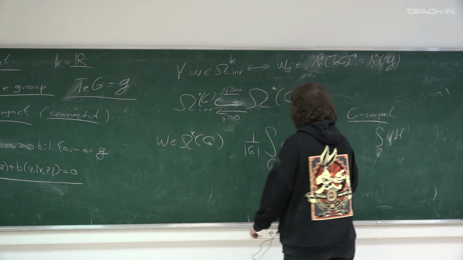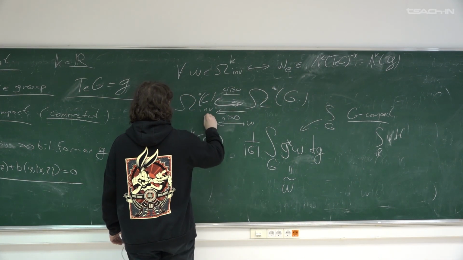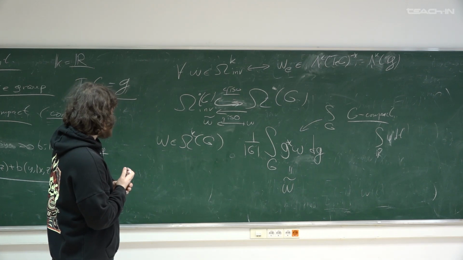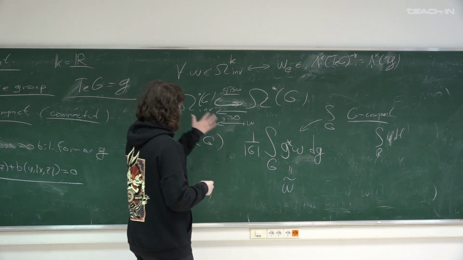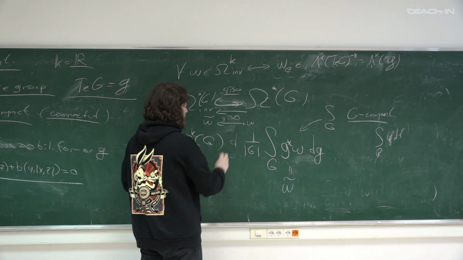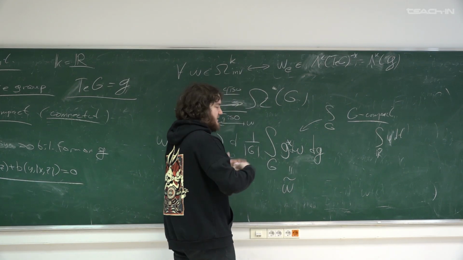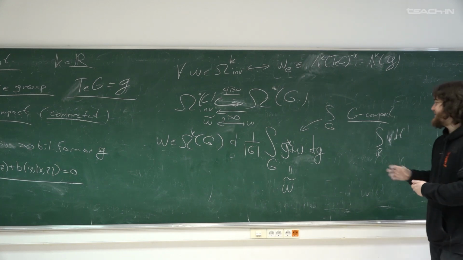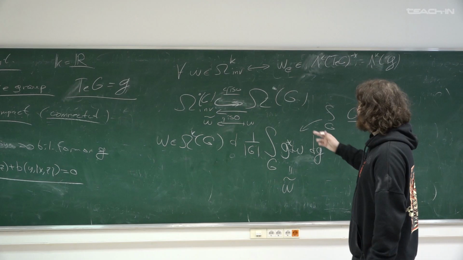This is my map from omega to omega tilde, the map in the other direction. Obviously, it's a cochain map because the differential does not depend on this integration. The differential is just about evaluation of my form on vector fields, and it does not depend on integration over translations. So it's a cochain map.